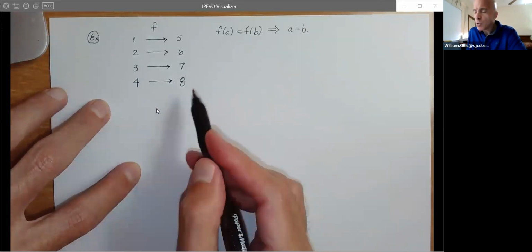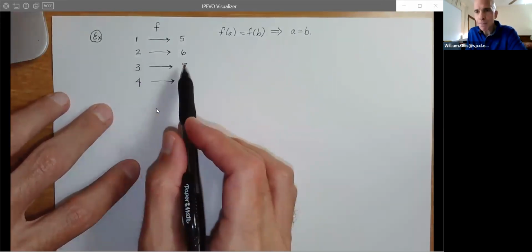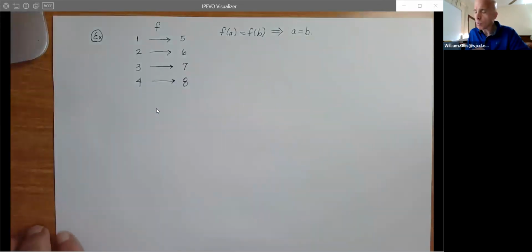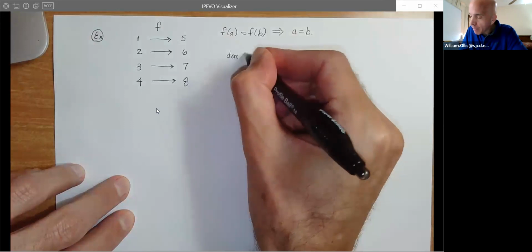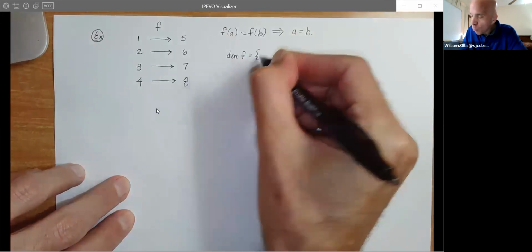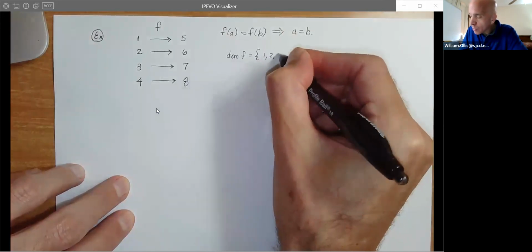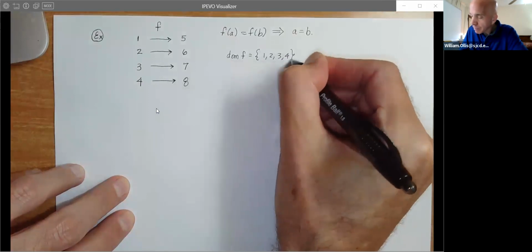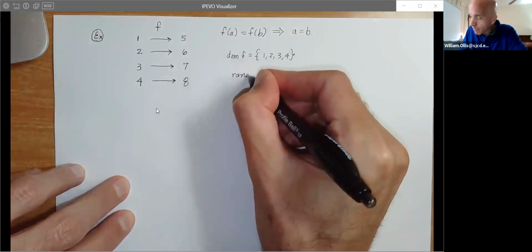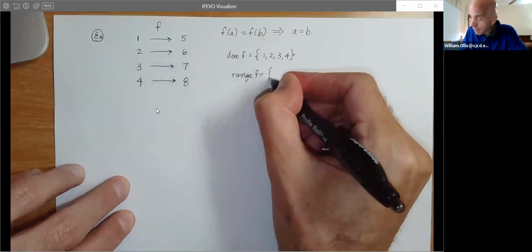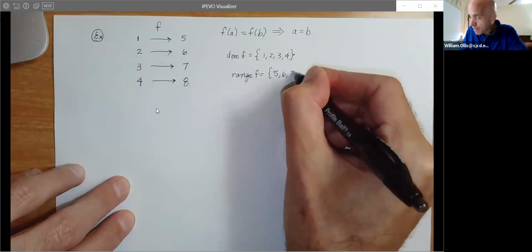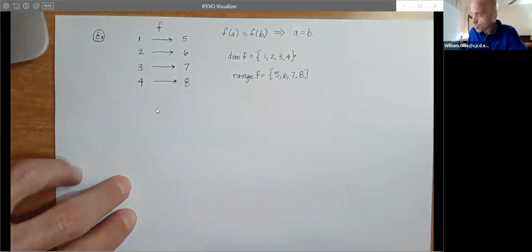So you can always go back to a simple example like this and say, I've got the one-to-one. Now, the reverse path. So let's just go ahead and write this down. The domain of f will be 1, 2, 3, 4, and the range of f will be 5, 6, 7, 8. So I just picked nice, easy, user-friendly numbers.